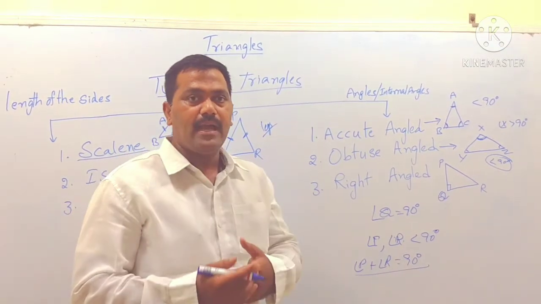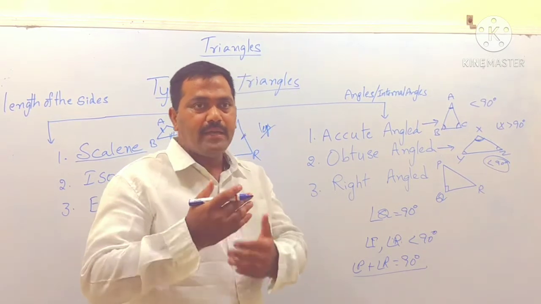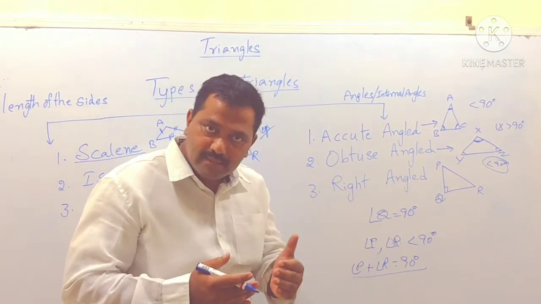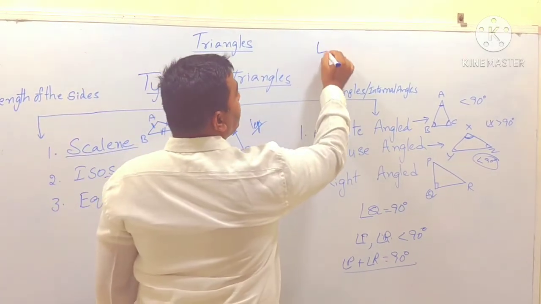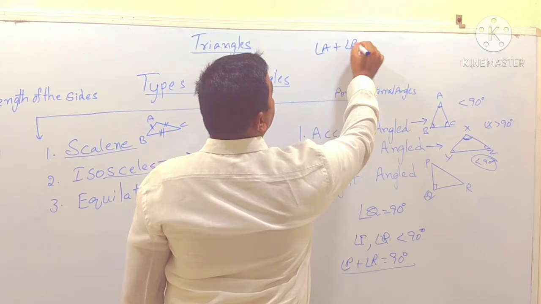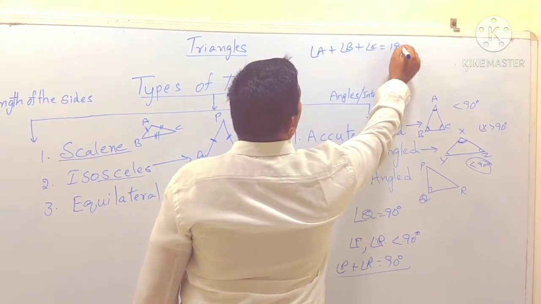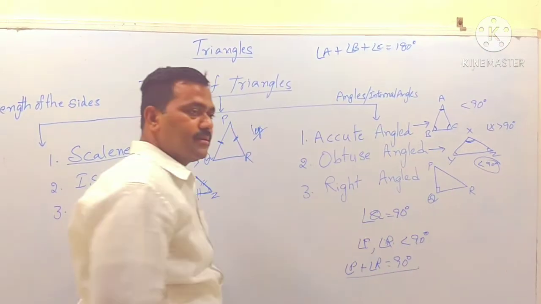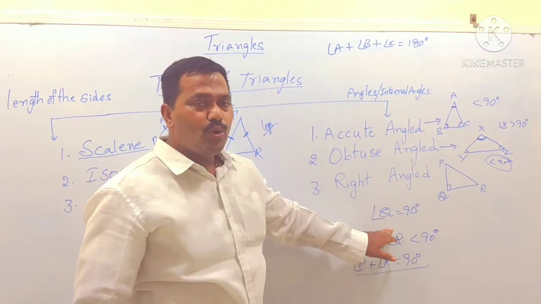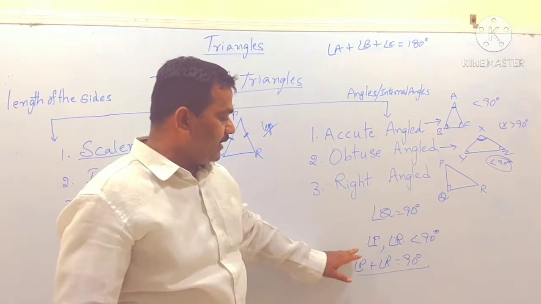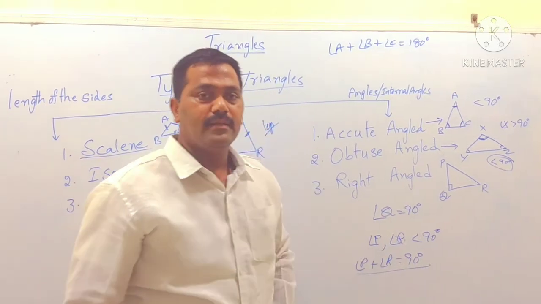In a right angle triangle, the right angle is 90 degrees, and the sum of the remaining two angles is equal to 90 degrees. How? In a triangle, the sum of the three angles is equal to 180 degrees. With the help of this formula, angle Q equals 90 degrees, so the sum of the remaining two angles is equal to 90 degrees.